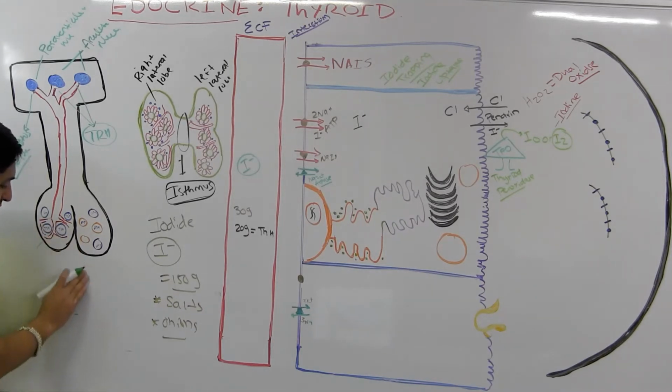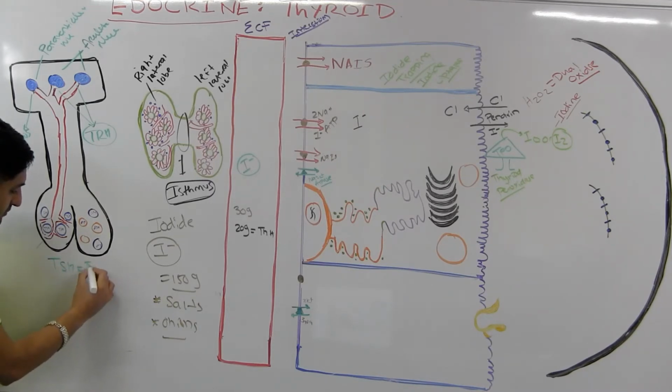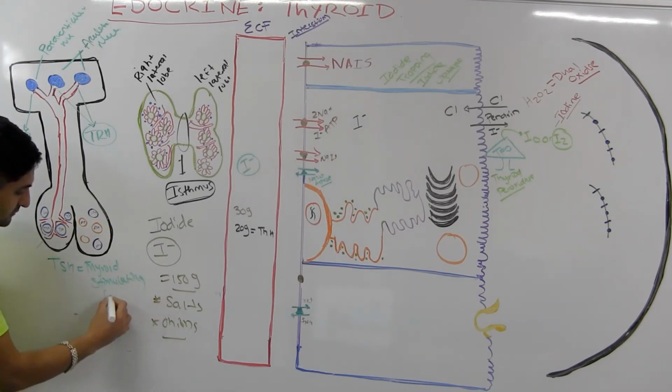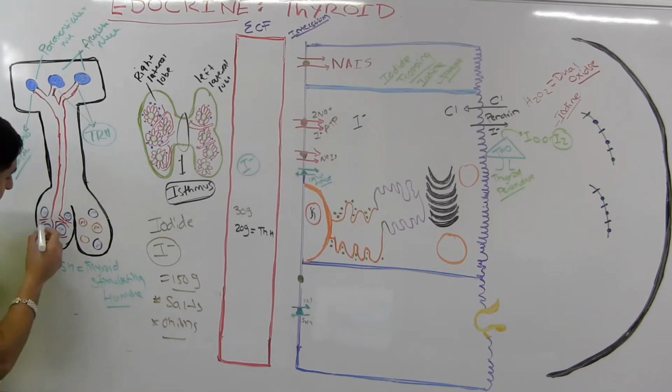What are they going to secrete? TSH, which is your thyroid stimulating hormone. That's what these guys do. Now, these cells which secrete the thyroid stimulating hormone are called thyrotropes.